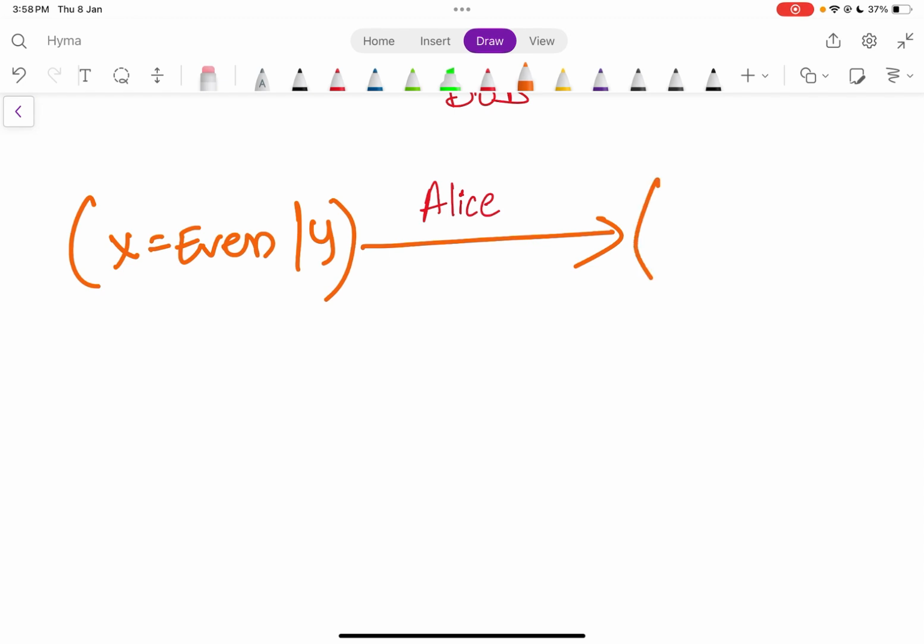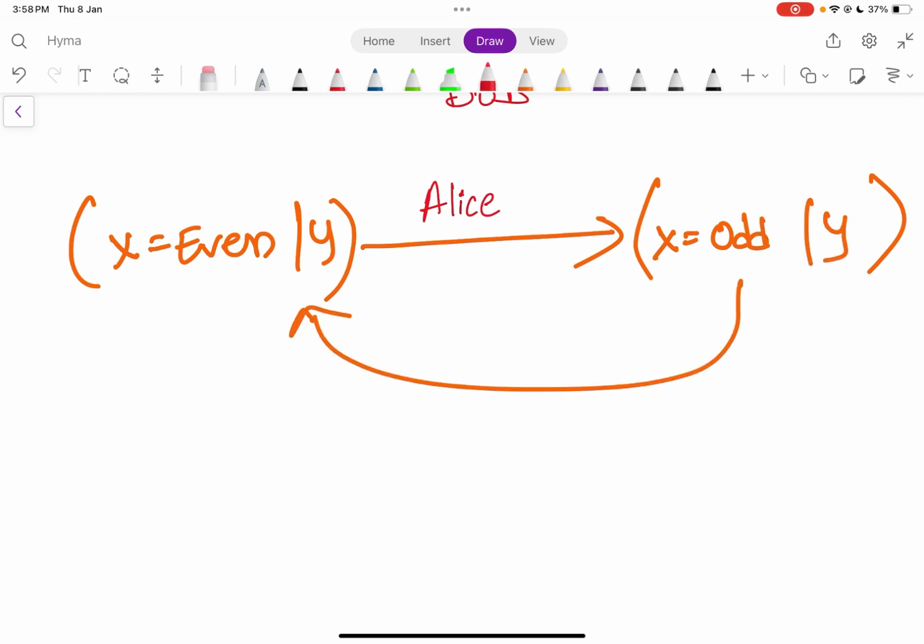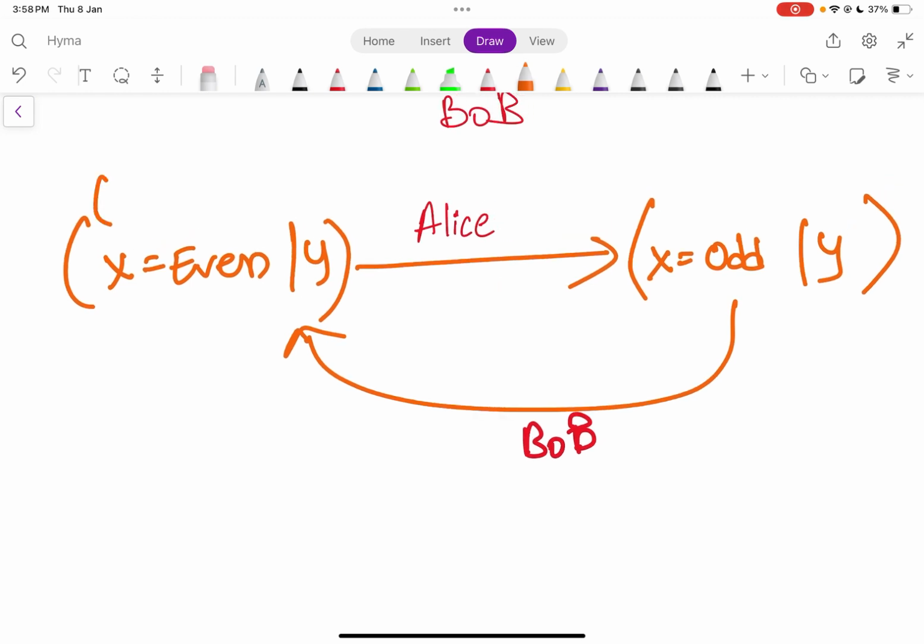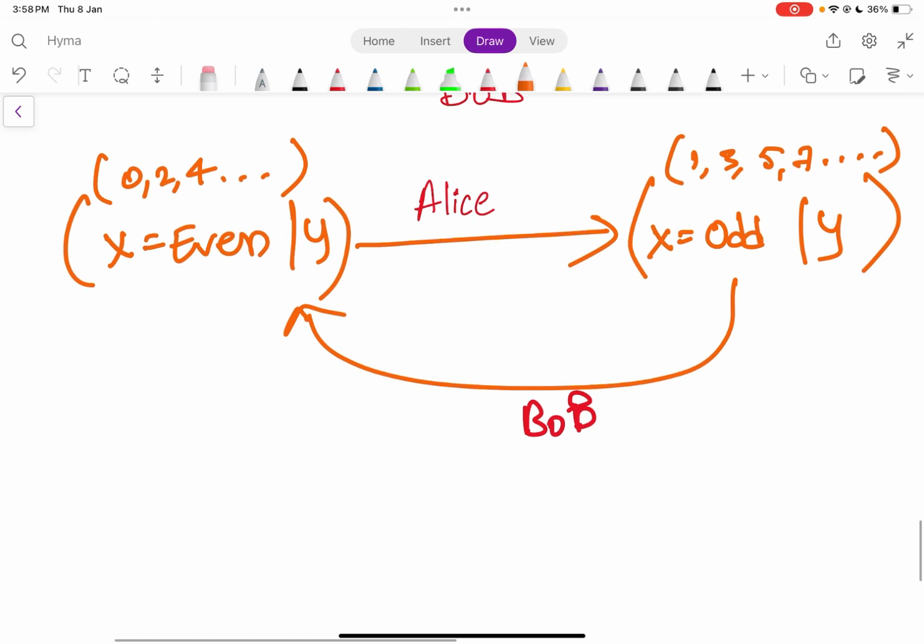So after an operation, the x value will become odd, and after that in Bob's operation the value again goes to even. Let's list all the even numbers first, that are 0, 2, 4 and so on, and the odd numbers are 1, 3, 5, 7 and so on.